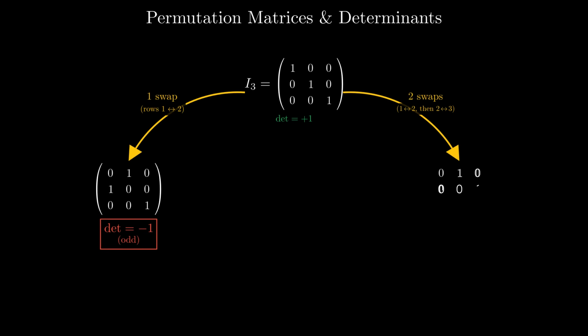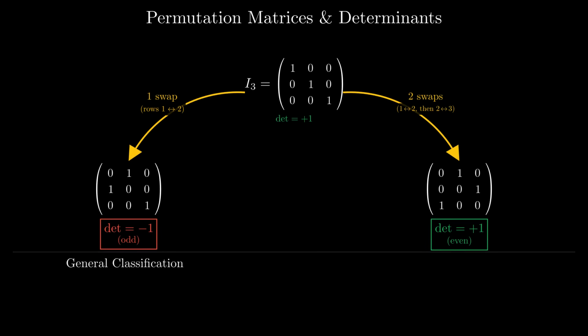Now, if we perform 2 swaps starting from the identity, first swapping rows 1 and 2, then swapping rows 2 and 3, we get the permutation matrix with 0, 1, 0 in the first row, 0, 0, 1 in the second row, and 1, 0, 0 in the third row. Its determinant is positive 1, shown in green, because 2 sign flips cancel each other out.